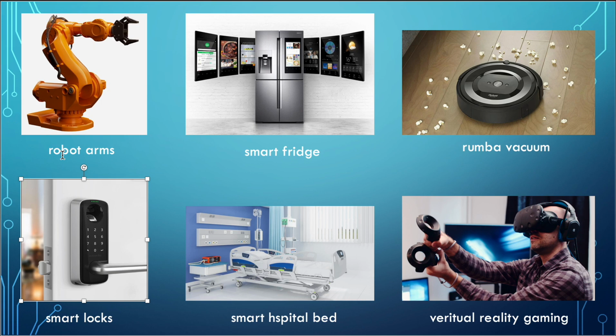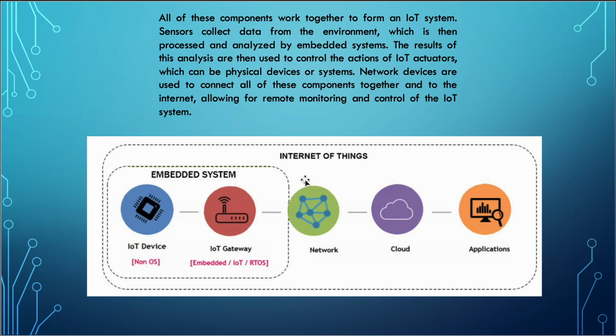But if you take a building, all those security locks should be connected together through a network. And if it is a manufacturing plant, all those robot arms should be connected together. That means there should be a network going on.